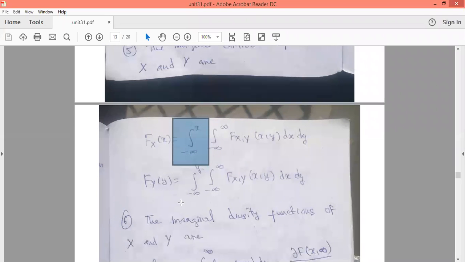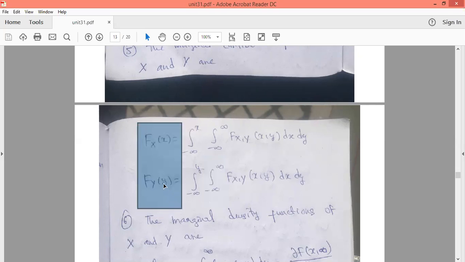Similarly, for the marginal distribution function F_Y(y), the x limits are minus infinity to plus infinity, whereas the y limits are minus infinity to y. These two, F_X(x) and F_Y(y), are called marginal distribution functions.